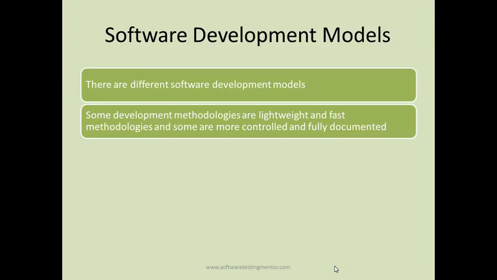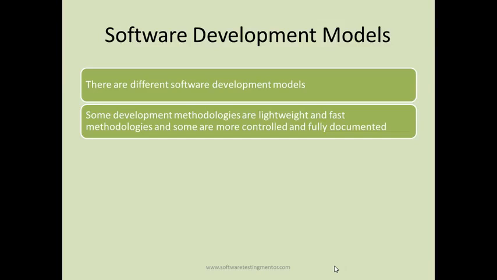Once design had been fully documented and finalized and approved by all the stakeholders, then you go into low level design. Once low-level design has been documented and approved, then coding started. Once coding is finished, only then testing starts. So waterfall development methodology was very controlled and fully documented.